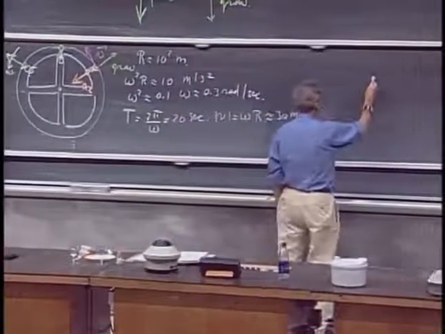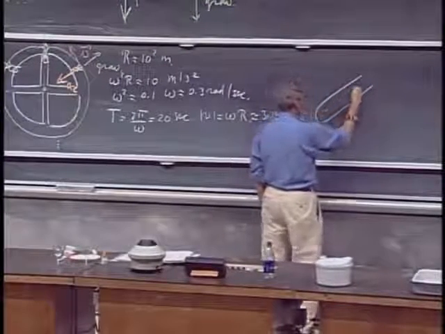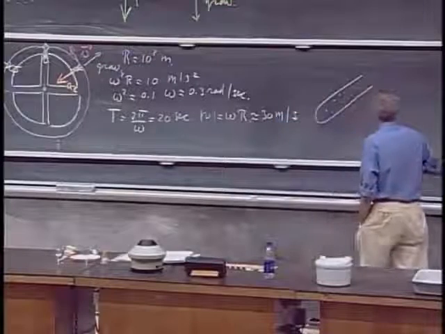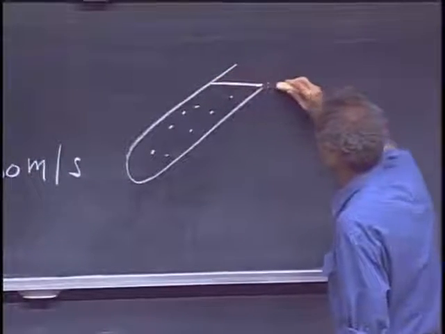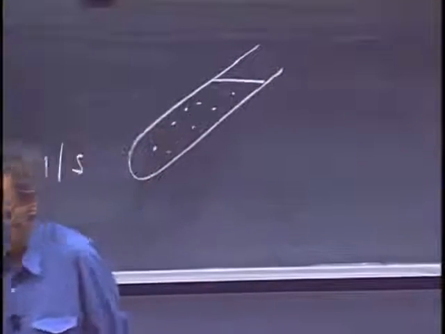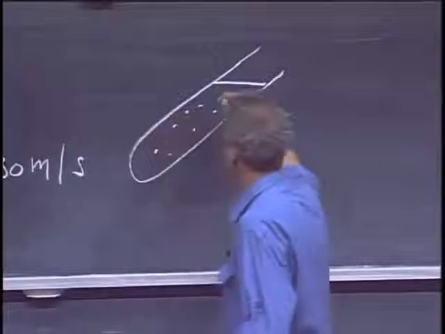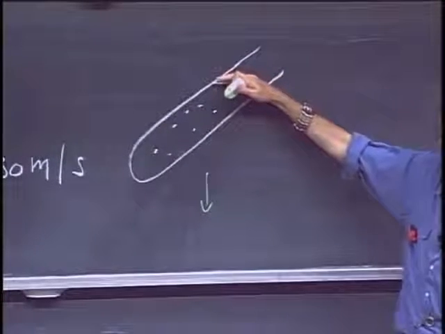And here is that tube, which has these fine particles. And the tube is sitting there, and the line of the liquid is obviously like this. Why? Well, that's obvious, because gravity is in this direction. And so the surface of a liquid is always perpendicular to gravity.